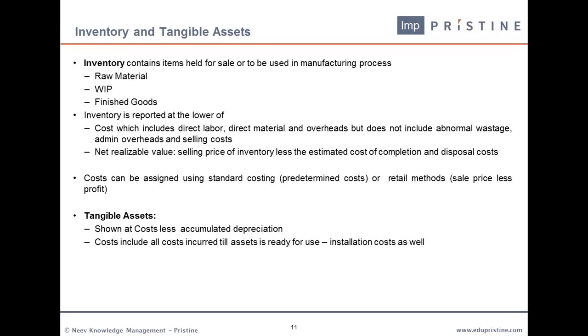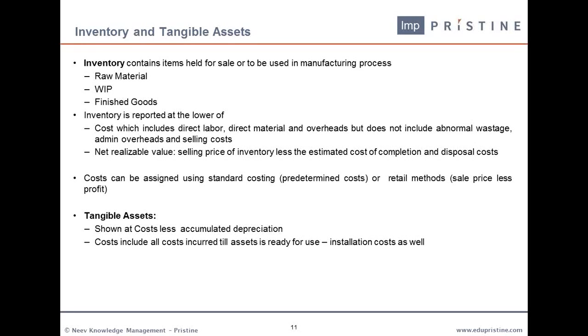And the costs can be assigned in two ways. One is the standard costing, where you have estimated predetermined costs of standard items which you compare and then take care of variances. And the retail method, which is calculated using the price in the market: sale price minus the profit that you are getting.